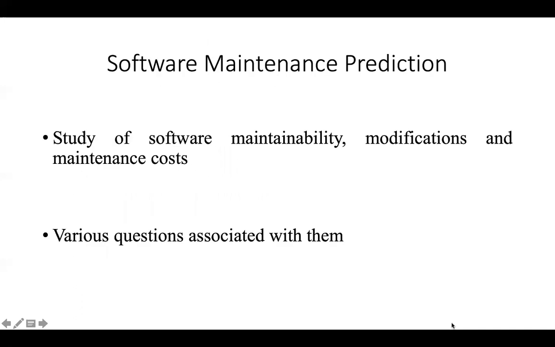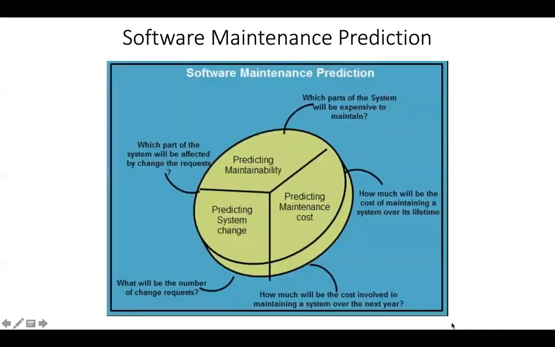The next one is software maintenance prediction. This refers to the study of software maintainability, modifications of the software system, and the maintenance cost required to maintain the software system. So there are various maintenance predictions and questions associated with them, shown in this diagram.